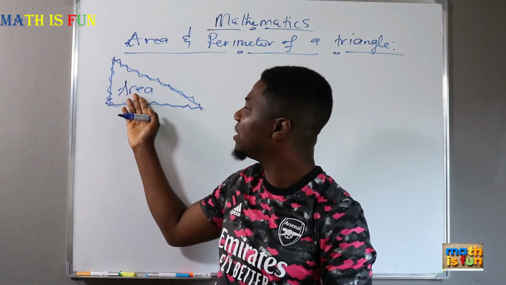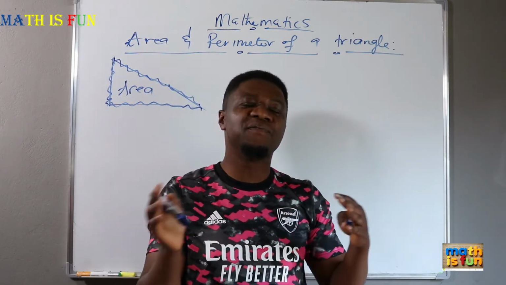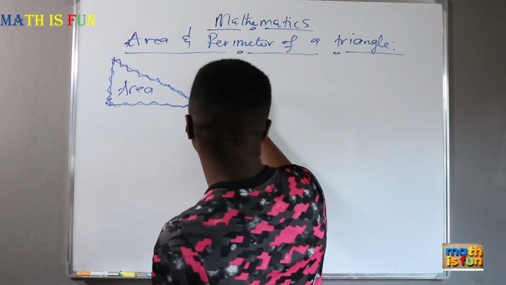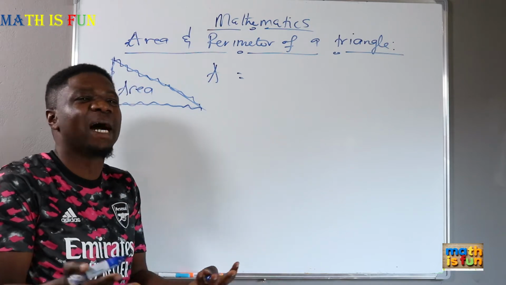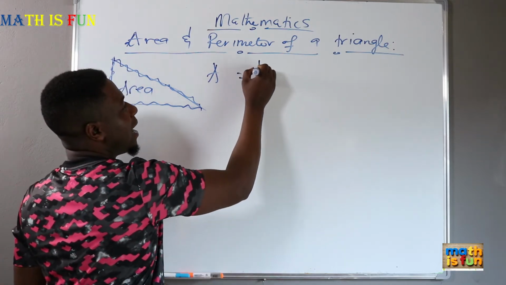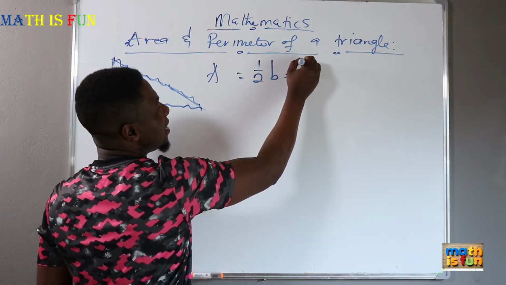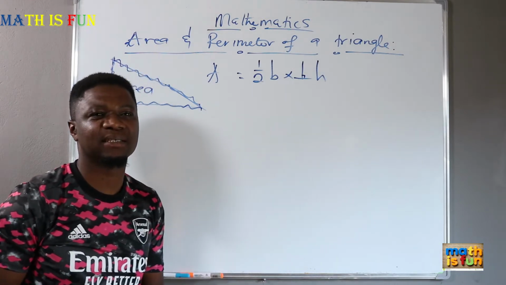And since we know this space to be the area, how then do we calculate for the area? The area of a triangle is given by the formula half base times the perpendicular height.